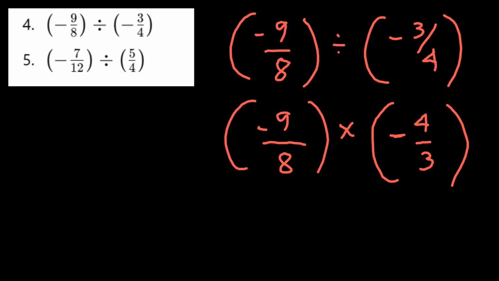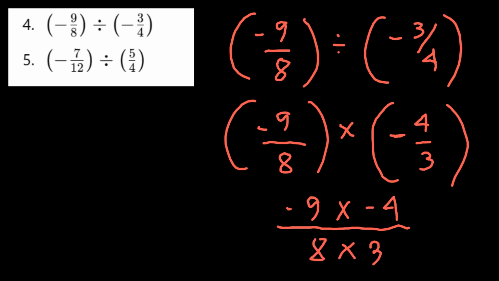Now let's proceed. Another thing, I repeat: when we're multiplying two negatives, the result is positive, right? So negative 9 times negative 4 over 8 times 3.